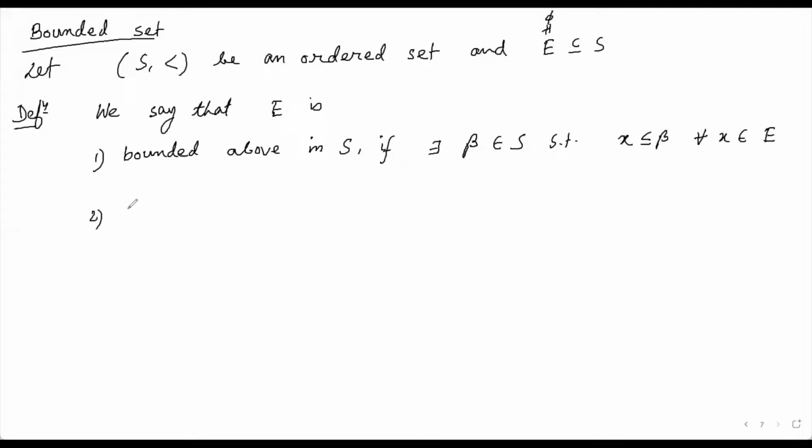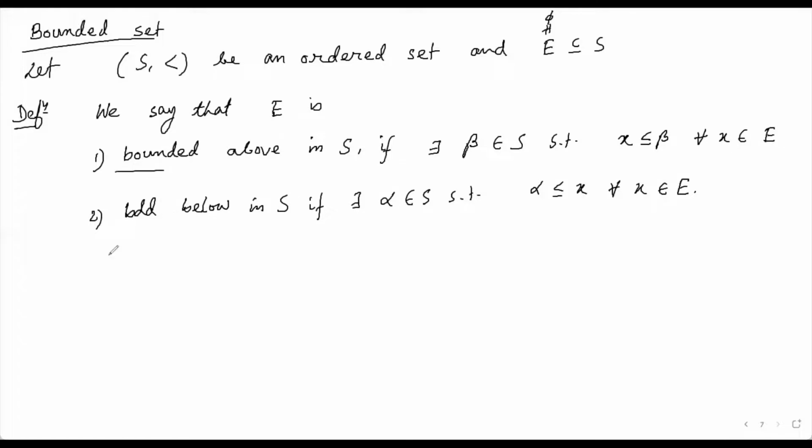and E is called bounded below in S if there exists some element alpha in S such that alpha is less or equal to x for all x belongs to E. So this is the definition of bounded below set, and this is the definition of bounded above set.